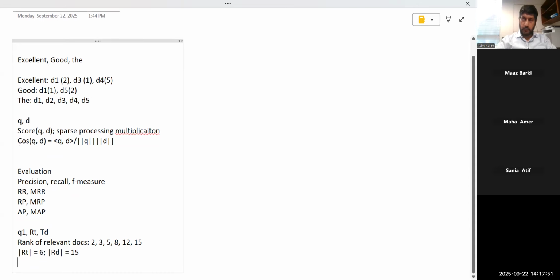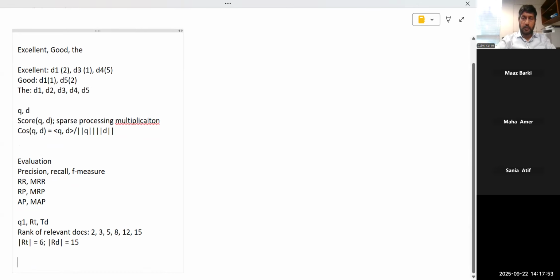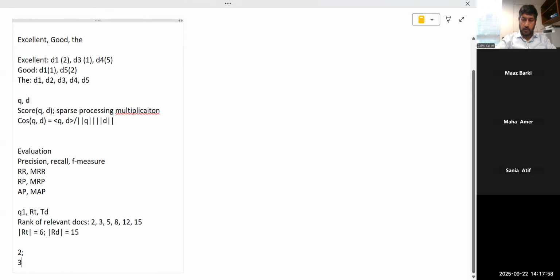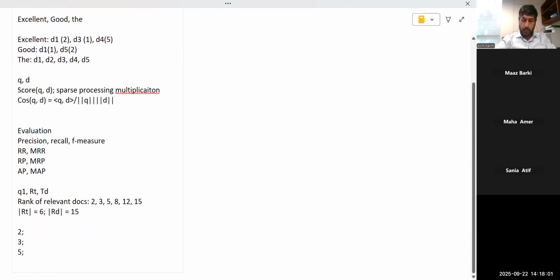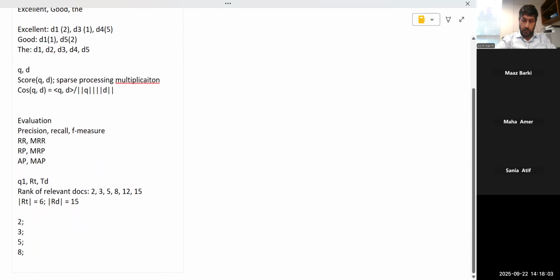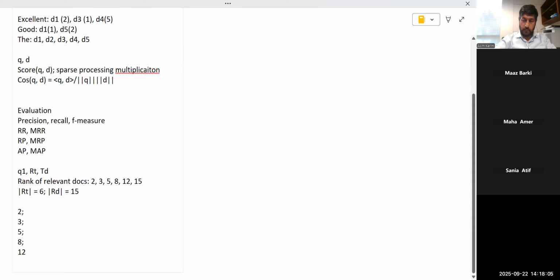Now let me compute precision and recall for this. So the first relevant rank was 2, 3, 5, and then 8, and then we have 12, and then 15. So what is the recall at 2? That is just one found out of how many? 6.